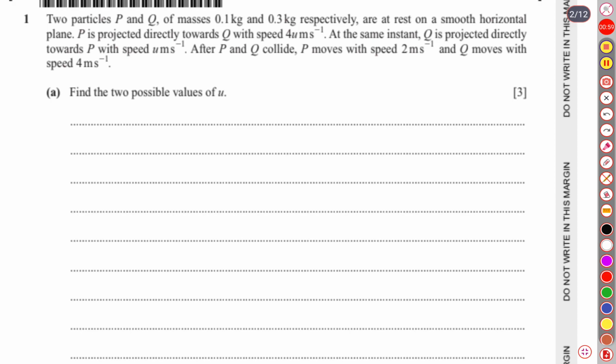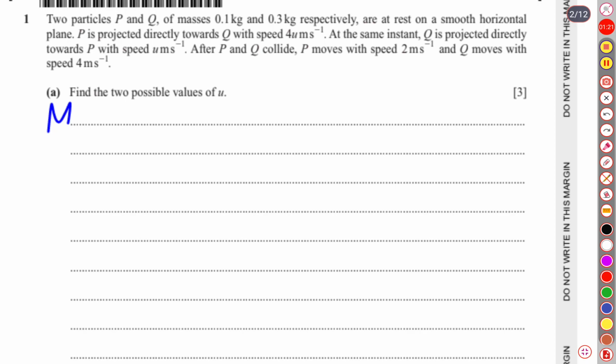Since the question is based on the velocity before and after collision, we will have to apply the concept of the conservation of momentum. So let's write the formula of equation of the momentum.